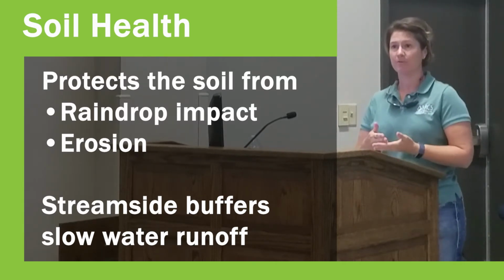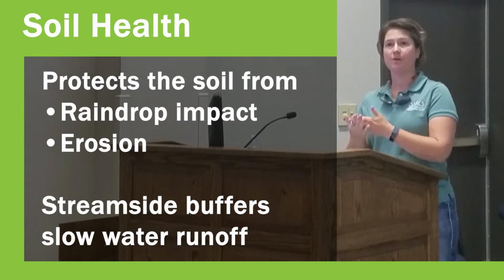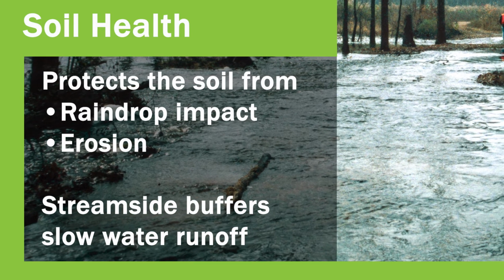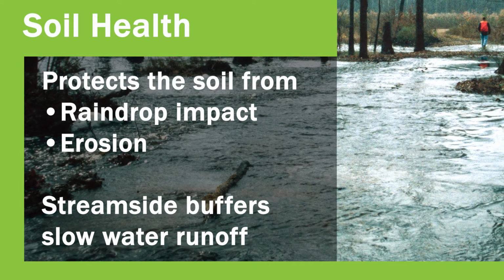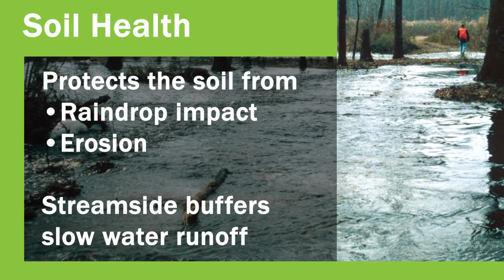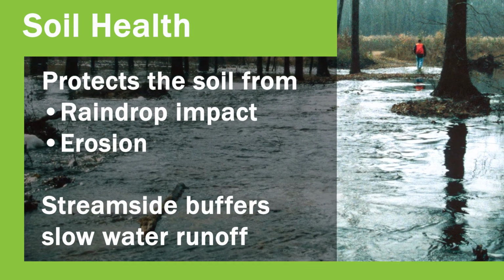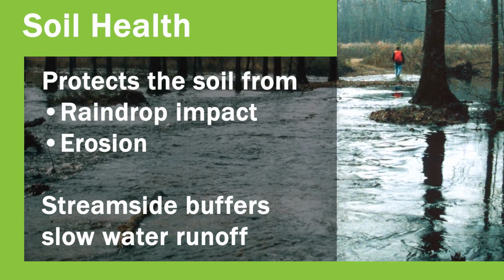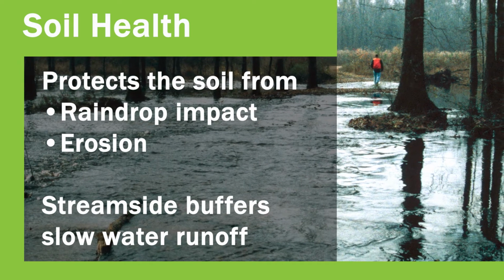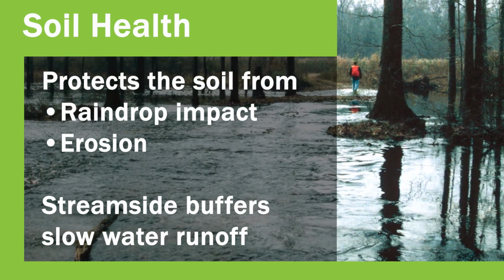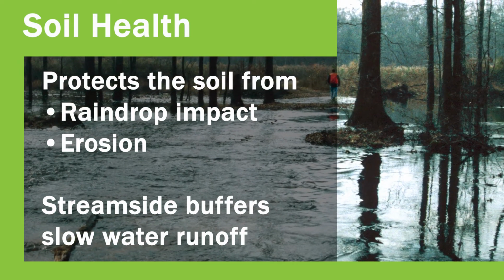Protecting it from raindrop impact leads to a protection against erosion. So that's why we see these stream buffers. We want to protect against erosion. We don't want that water moving through those woods so quickly that it takes that leaf litter off and sends it on downstream. We want it protecting the soil surface.